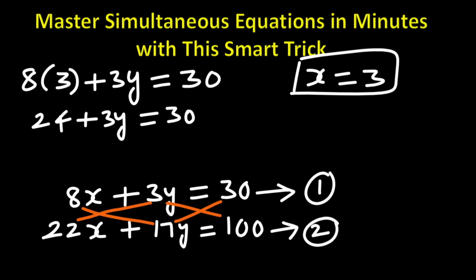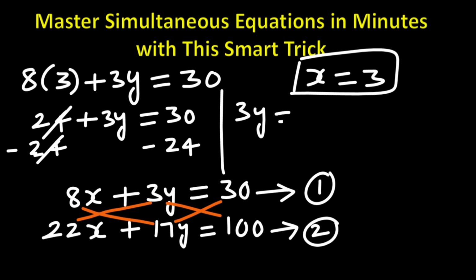Now to find the value of y, we subtract 24 on both sides of the equation so that 24 cancels out. You get 3y equals 30 minus 24, that's going to be 6. And now you divide by 3 on both sides of the equation.